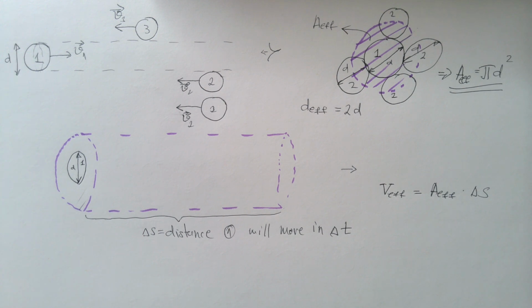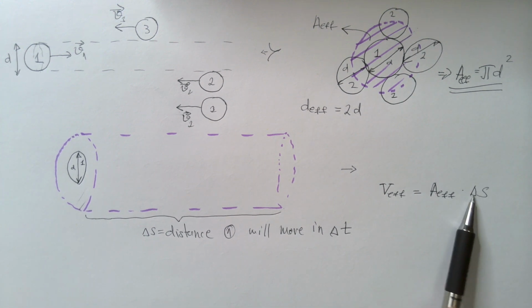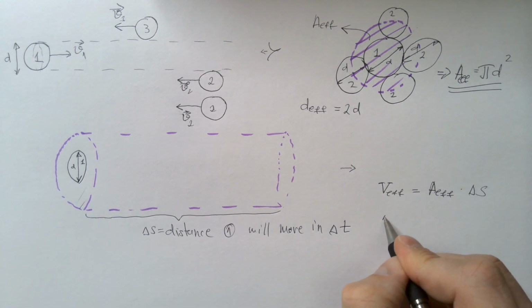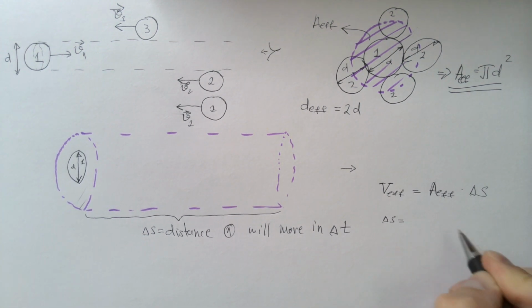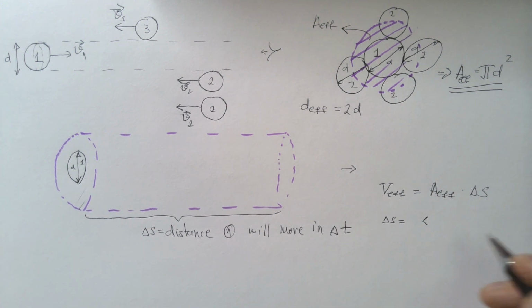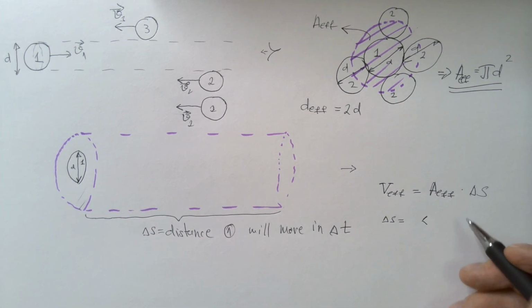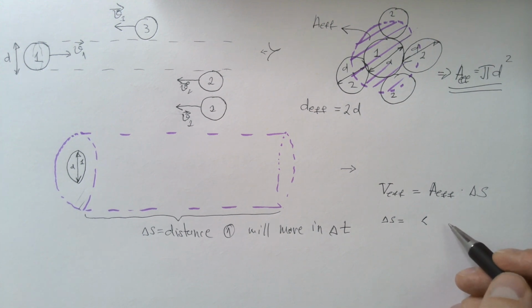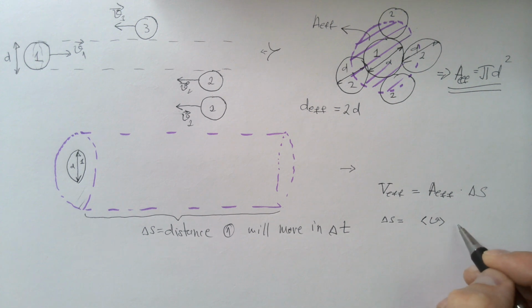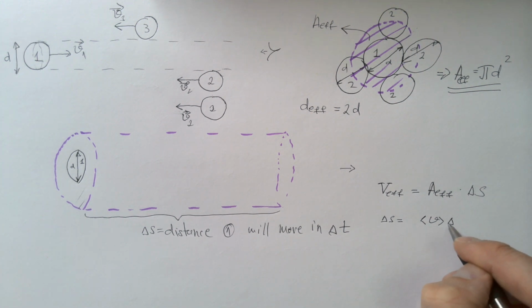And now this is where we have to be subtle, because it is very tempting to say that this distance delta s is the mean speed of atoms in a gas, because that's the mean speed of any atom, including my reference atom 1, times time delta t.